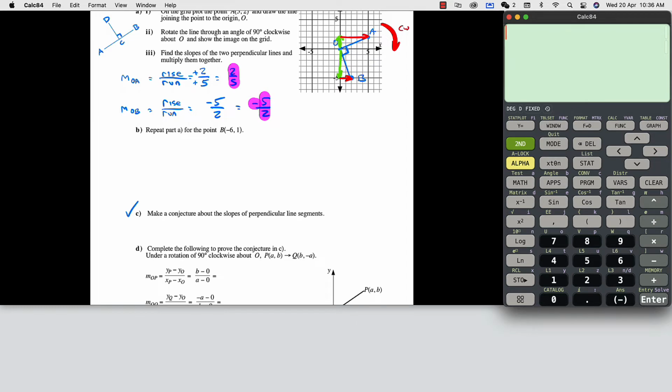So when we have a perpendicular line, we're going to invert the fraction and change the sign. Okay, so basically that means if I had a slope of -1 over 3, the perpendicular slope would be 3 over 1, and it would be positive if the original one was negative.